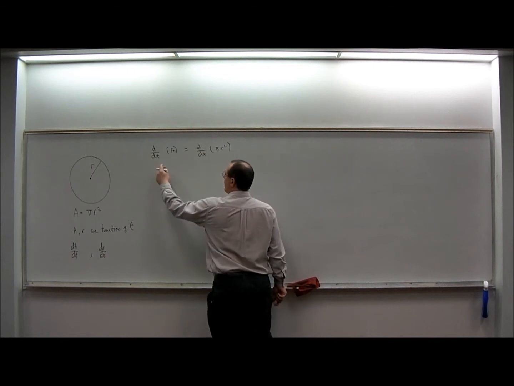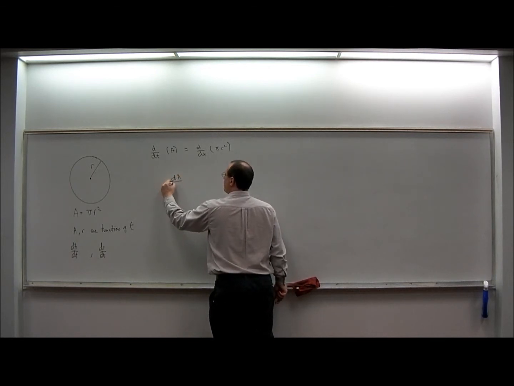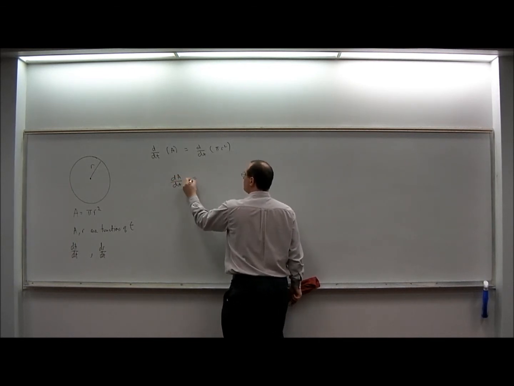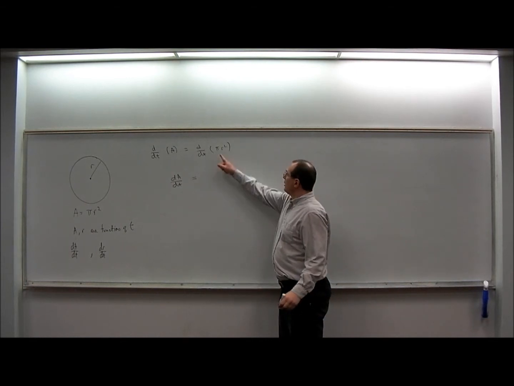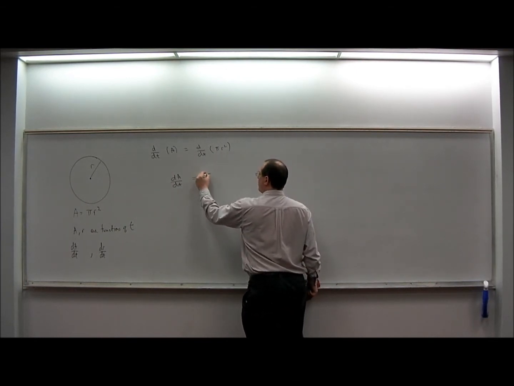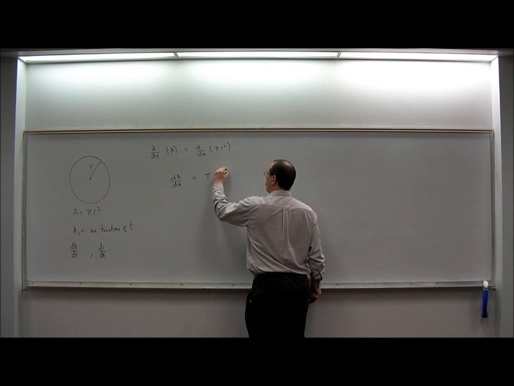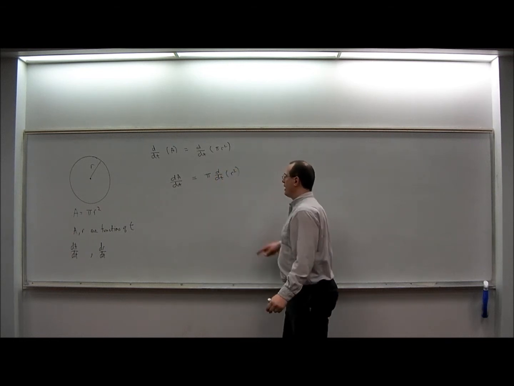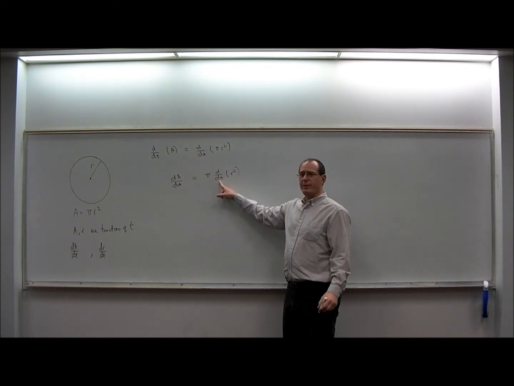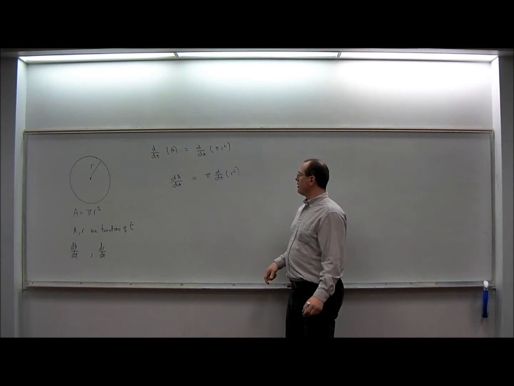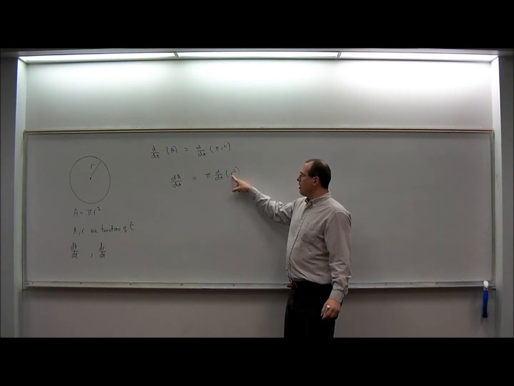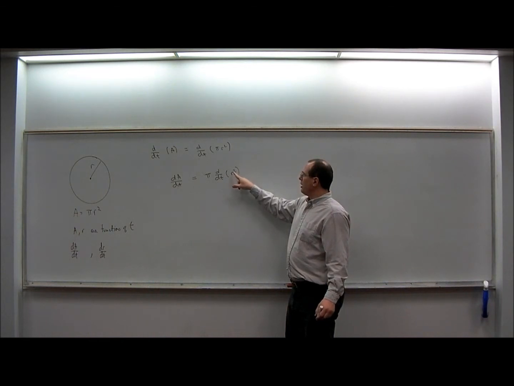So on the left side, this can be condensed as simply dA/dt. And on the right side, pi is a constant, so we could use the constant multiple rule. We have pi times the derivative with respect to t of r squared. Now here, r is a function of t, and so this is a composition.